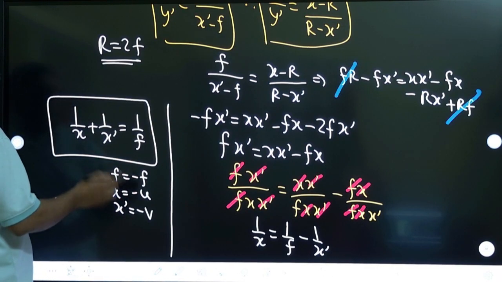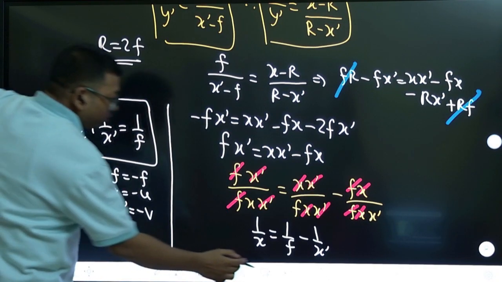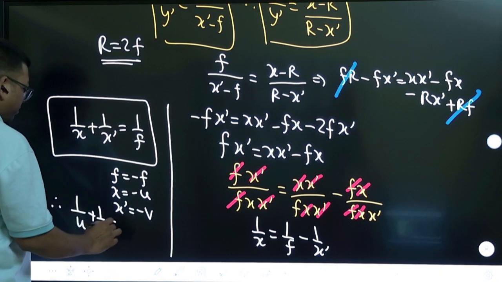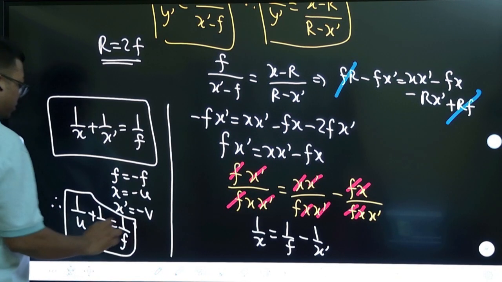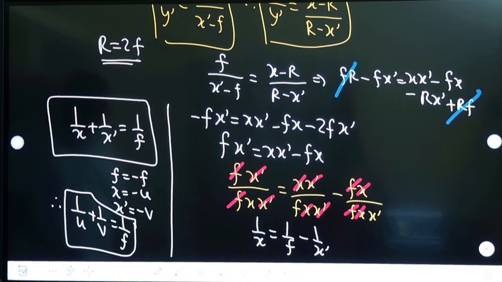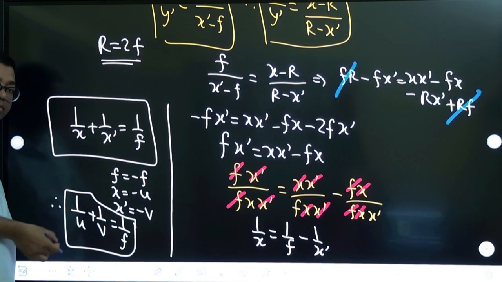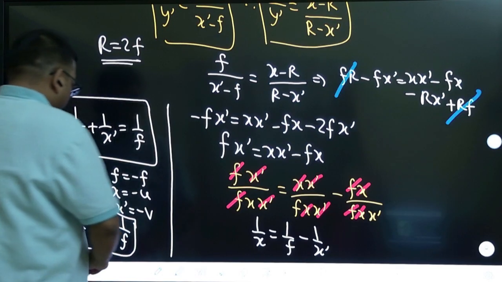So we can substitute u, v, f, and it will become the same equation: 1 by u plus 1 by v is 1 by f. But don't think that these two are different, they are the same equations.